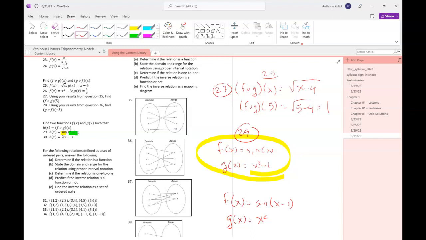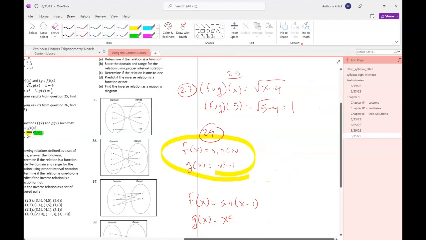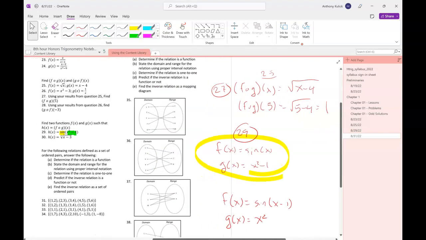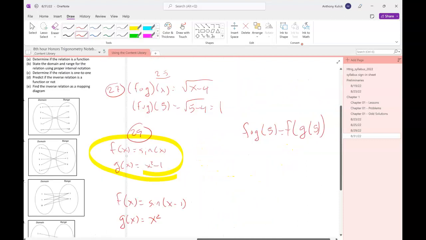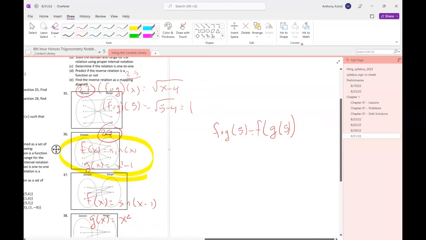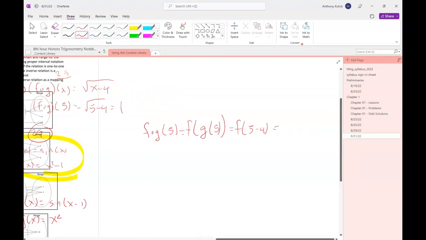Or you could have thought about it as f compose g of 5 is f of g of 5. So you could go back to g. If you plug 5 in, you'd have 5 minus 4, which is just f of 1.